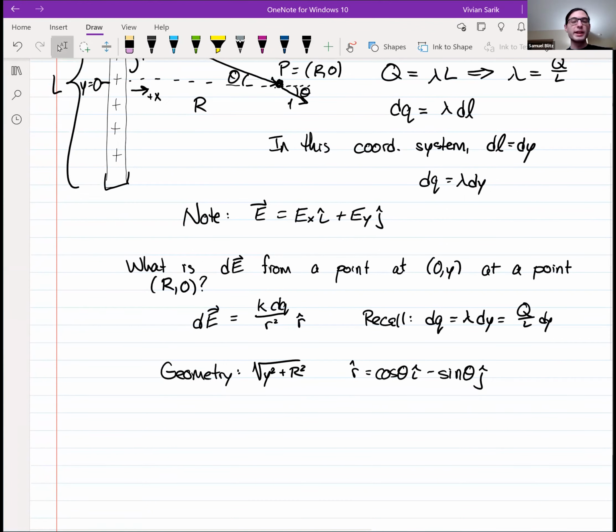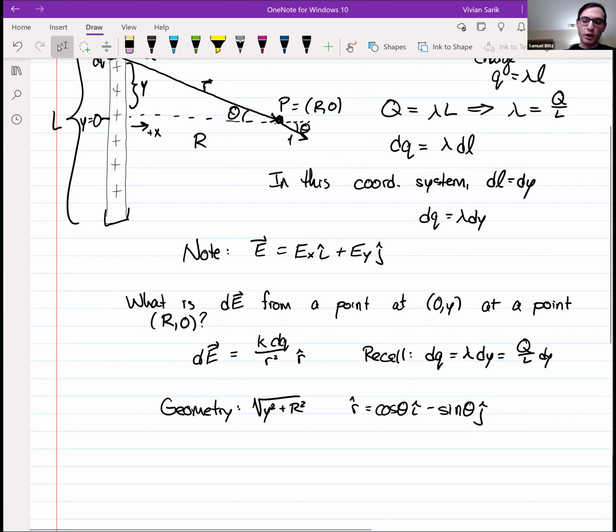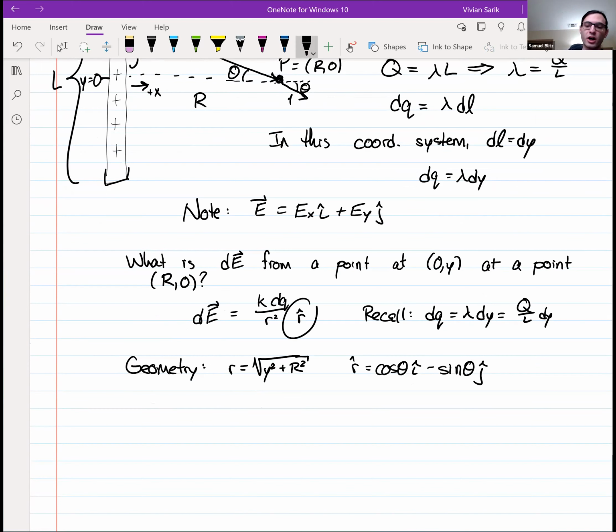And then we can do a little bit more geometry. We already know what r is. So r is the square root of y squared plus big R squared. We're just trying to rewrite all of these things in terms of quantities that we know, or in terms of the variable y.